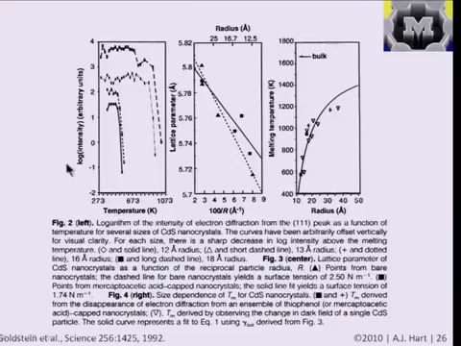So if you plot, in arbitrary but the same units for each particle size, the intensity of a certain diffraction peak versus temperature, then you'll see that when that intensity drops way down, basically when the atoms are no longer ordered to cause the diffraction of electrons, then the particle has melted.